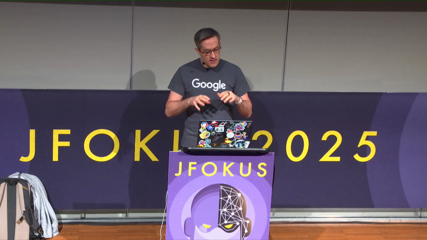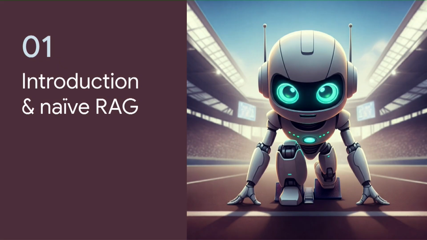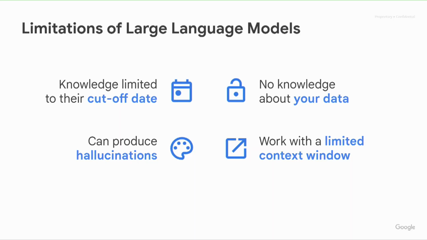Let's start with a rapid introduction to a naive RAG. There are limitations to large language models. They have a cutoff date. In France, we recently changed, we have a new prime minister, but most LLMs, Gemini, ChatGPT, whatever, have a cutoff date.